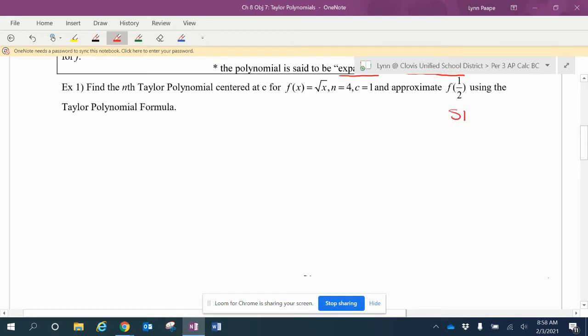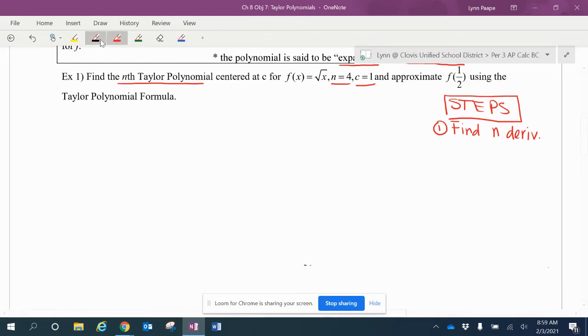So we're going to just write our steps off to the side here. So they're asking us to find the nth Taylor polynomial, and then we're going to be centered at c equals 1, and we're going to go out to n equals 4. So the first thing we want to do is find n derivatives. And the more derivatives we work with, the better our approximation. Like the further out we go, the better our approximation. So that is going to be our first step. So we're going to find n derivatives.